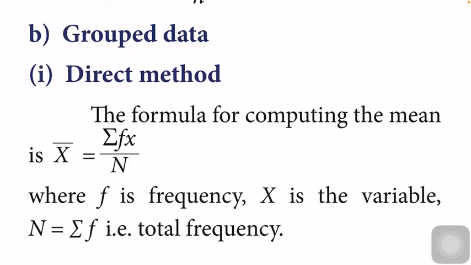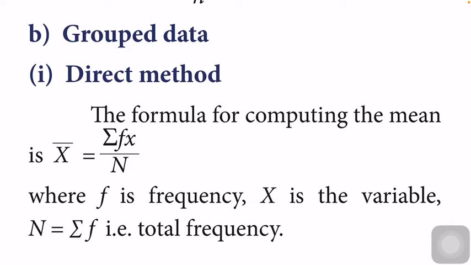In grouped data, for each and every x, we will have an f. For example, if 10 girls have got 22 marks, then that 10 is the frequency of 22. So, here f is the frequency and x is the variable, the score that is given.